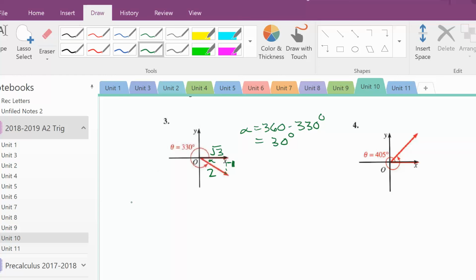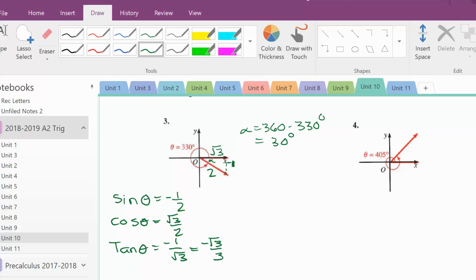And so then to find our ratios, the sine of theta, 330, is equal to, in this case, -1/2. The cosine theta is equal to rad 3 over 2. And the tangent of theta is equal to -1 over rad 3, which rationalizes to negative rad 3 over 3.